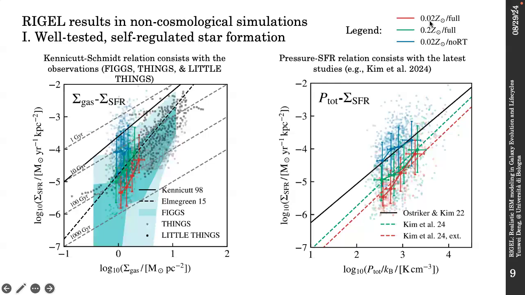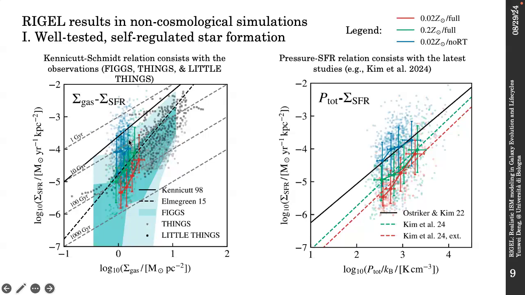You can see both the metal-poor and the metal-rich full feedback galaxies are consistent with the observed Kennicutt-Schmidt relation and the Ana Green star formation relation fitting function, where the no RT simulation shows a higher star formation surface density at a given gas surface density. So it means that radiative feedback does reduce the star formation rate to the observed level.